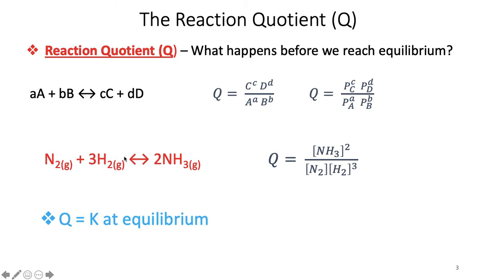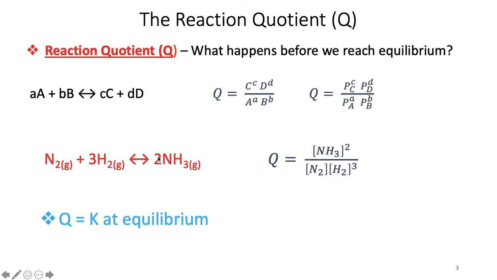It doesn't matter in which direction you start. You can start with the nitrogen and hydrogen at a particular temperature and allow that reaction to go to equilibrium. Or you can start with ammonia gas at the same temperature and allow it to reach equilibrium. You will come up with the same value for K in either direction. It doesn't matter if you're proceeding in the forward direction or in the reverse direction.